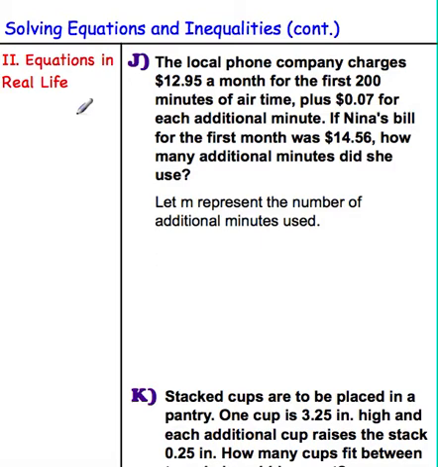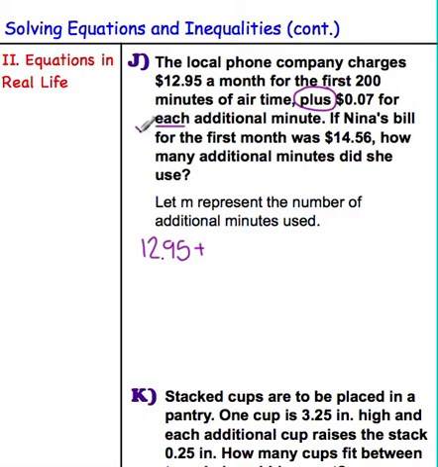We're going to let M represent the number of additional minutes used. So we know that she gets charged $12.95 per month for the first 200 minutes, plus, notice we have that keyword of plus, so we know we're adding 7 cents for each additional minute.